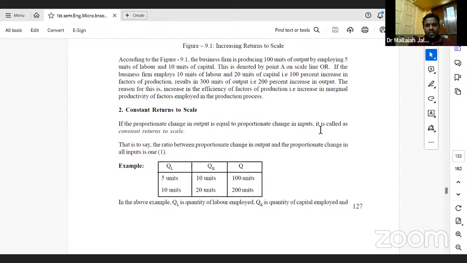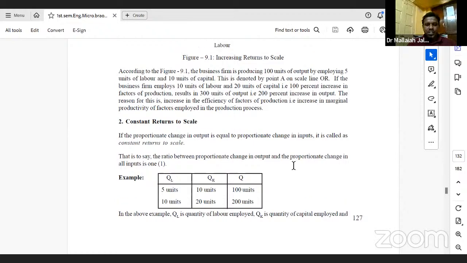It is increased. So here the same proportion, the differentiation is 5. Here also differentiation is 10 from the capital side. That output also constant, same proportion. Here at 5 and 10 we got 100 units. At the same time, we increase it double, 5 to 10 and 10 to 20, then it becomes 200.